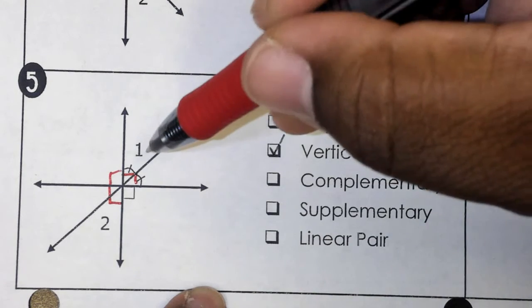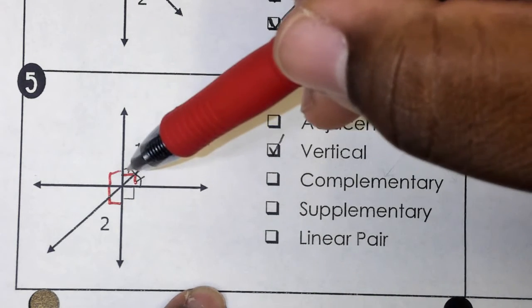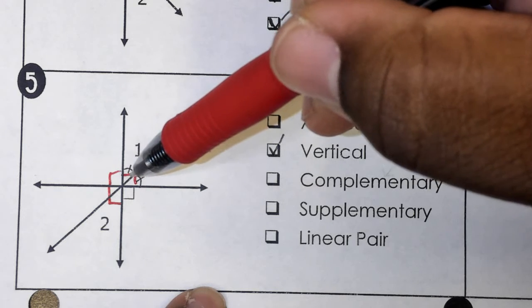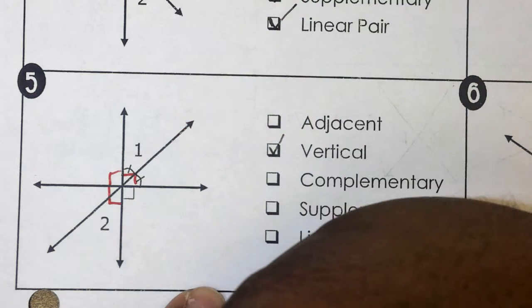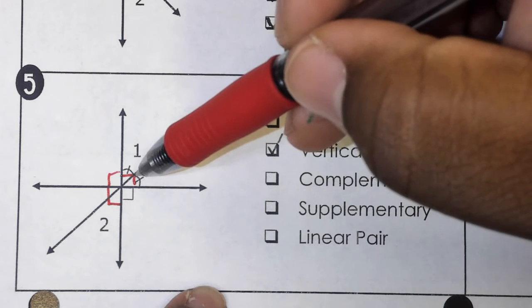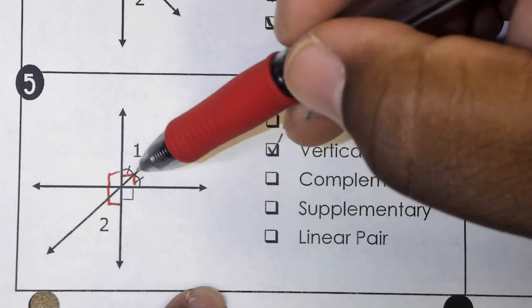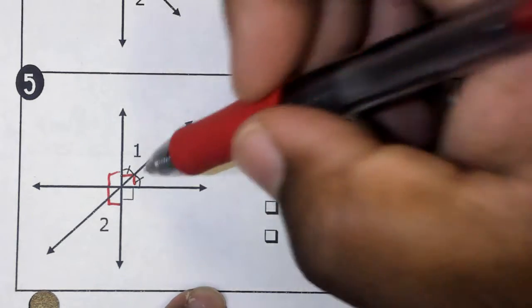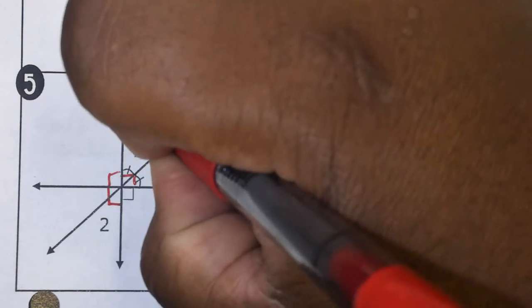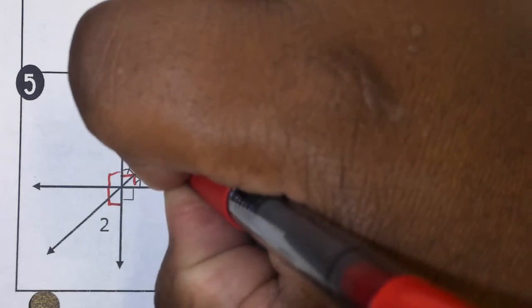And then up here on angle 1, they got indication markings. What are they telling you about this small angle, angle 1, and this other angle on the other side? They're congruent, right? So if they're congruent, they got to be half of whatever the full angle is, which is 90. What's half of 90? 45. So this angle is 45 degrees.